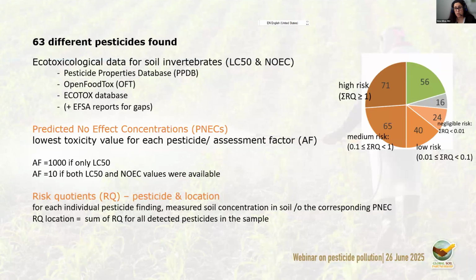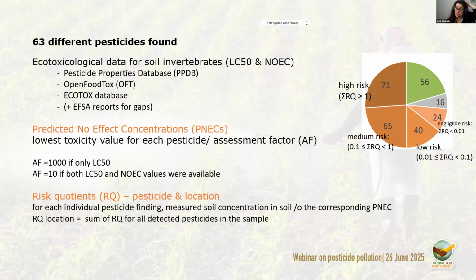What we did next was, okay, we have this information. We want to understand what the meaning of it actually is. So we did a theoretical risk assessment of these findings. We gathered information for soil invertebrates from different databases: PPDB, the Pesticide Properties Database, OpenFoodTox from EFSA, the Ecotox database, and we also went to the EFSA reports to fill any gaps from these databases.